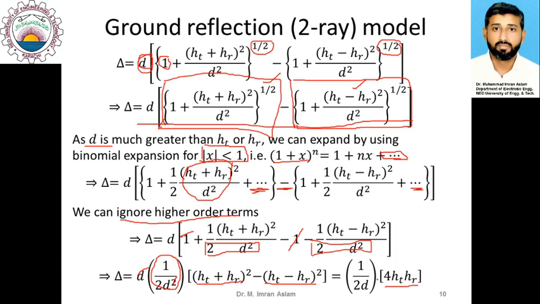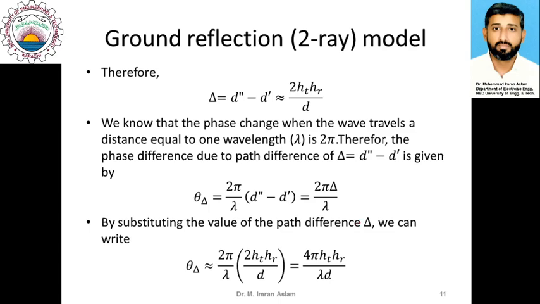So this is the result, and you can see that this 2 would cancel this 4 by 2, and you can express this difference to be equal to 2 ht hr upon d. So this is the approximation for the difference of distances which would occur between two paths which are indicated in our model.